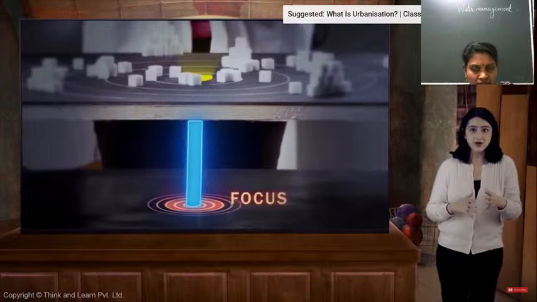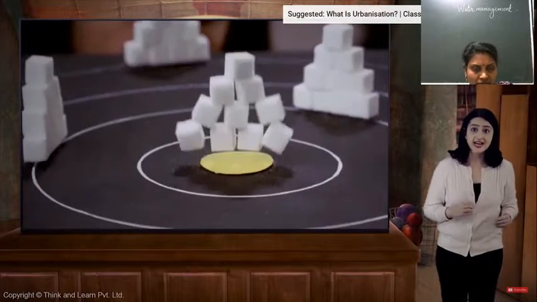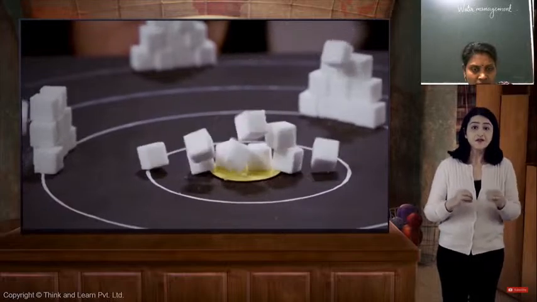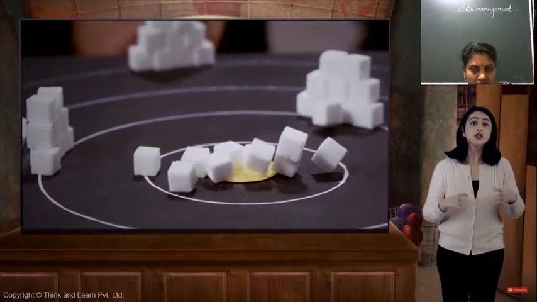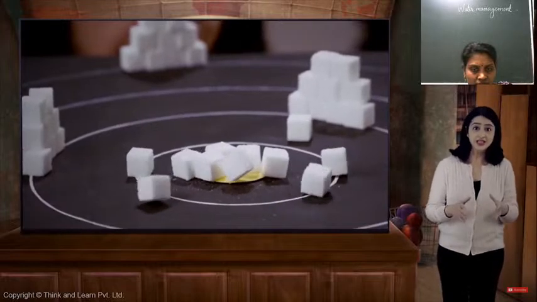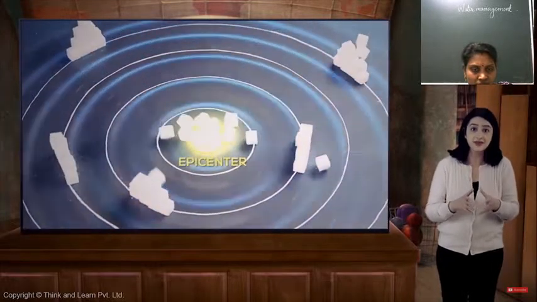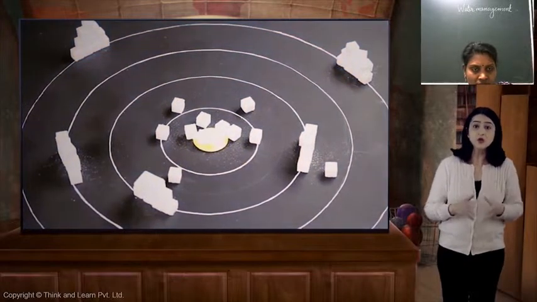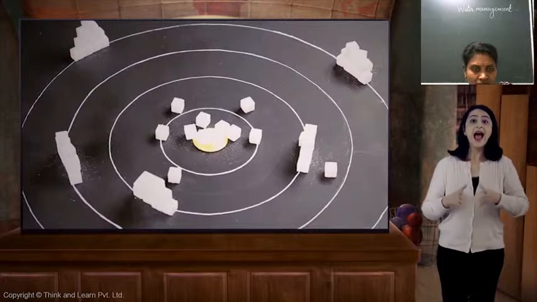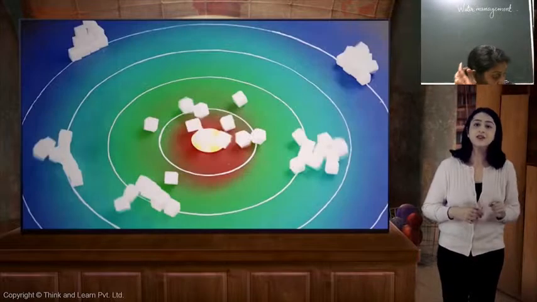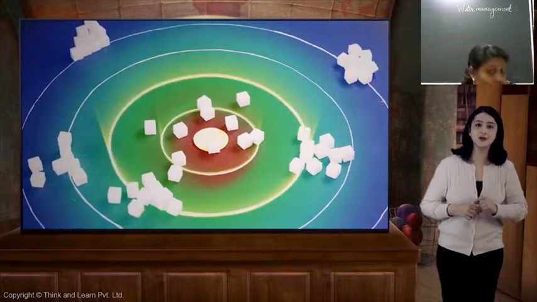Now, through this demonstration, we can get an idea that even during real earthquakes, the effects are similar to what the sugar cubes must have been through. Usually, the regions that are closer to the epicenter of the earthquake seem to experience the most damage. As we move away from the epicenter, the severity of the earthquake gradually reduces.